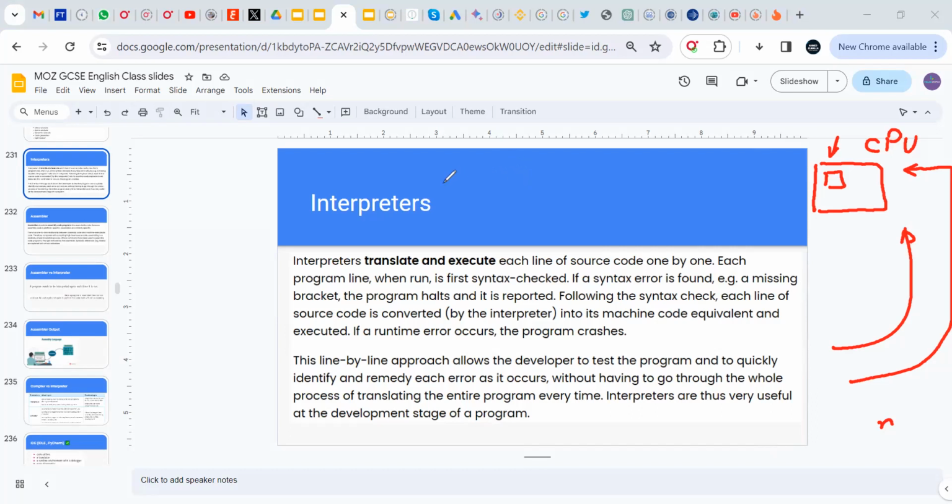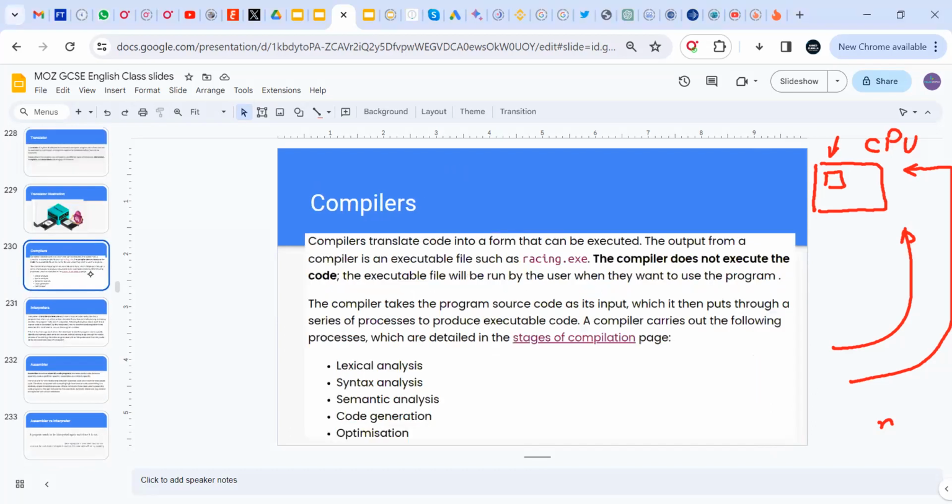Okay, so there is another type of translator. They are called compilers. These compilers work with other languages. What kind of languages? We have, for example, C++. If you dealt with C#, VB.NET, these all use compilers.